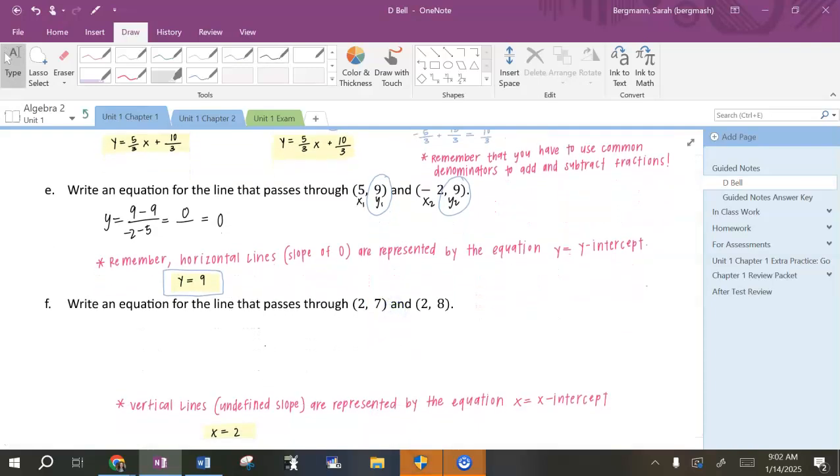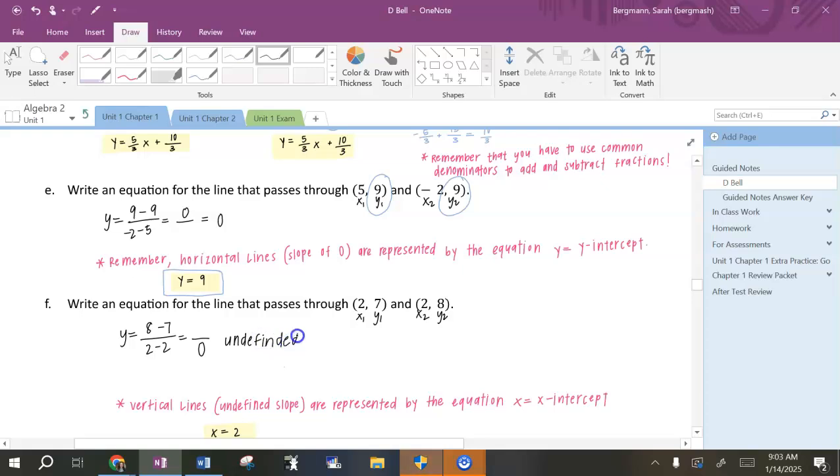Similarly, for the next problem, they have the same x values. So you'll notice that if you were to calculate the slope, you would have 8 minus 7 over 2 minus 2. You get 0 in the denominator. No matter what the numerator is, if you have a 0 in the denominator, it's undefined.